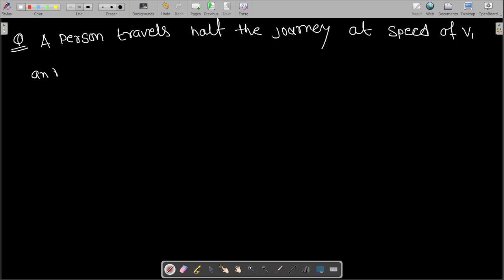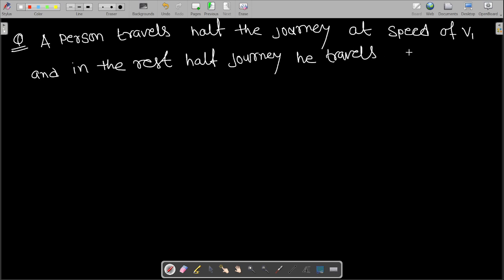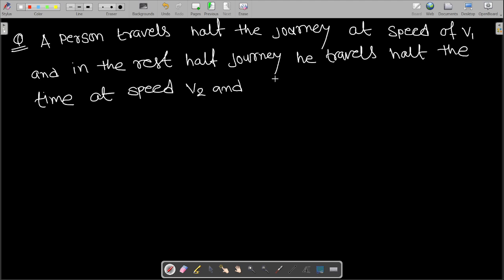Okay, and in the rest half of the journey he travels half the time at speed v2, and the rest half of the time at speed v3.